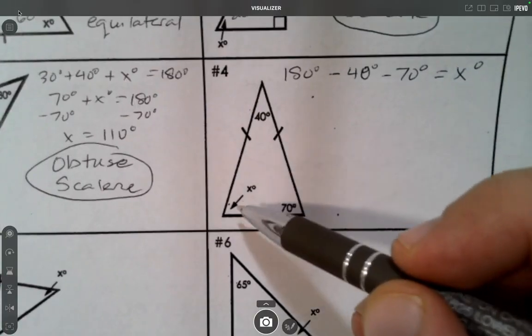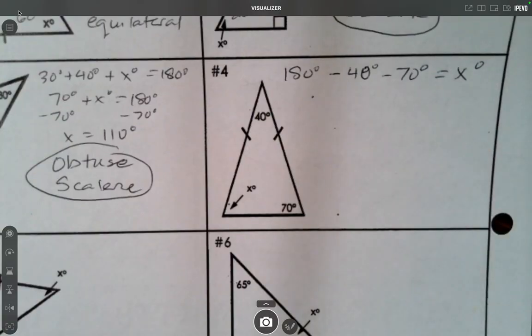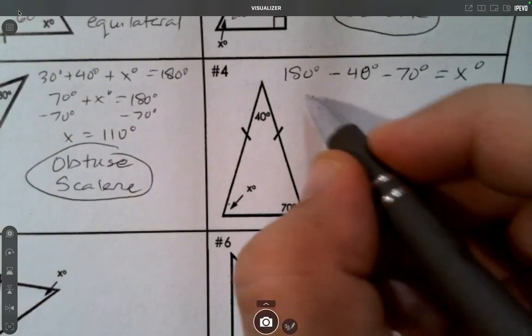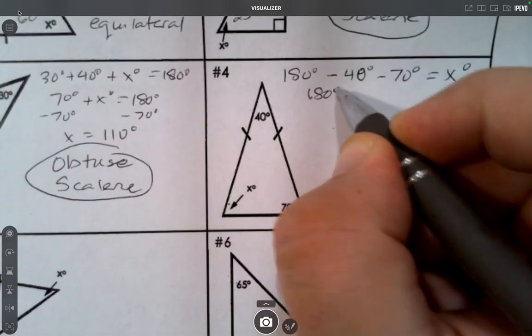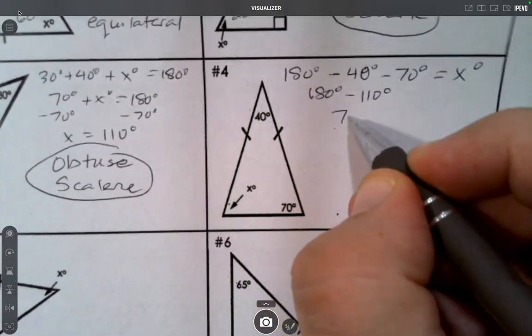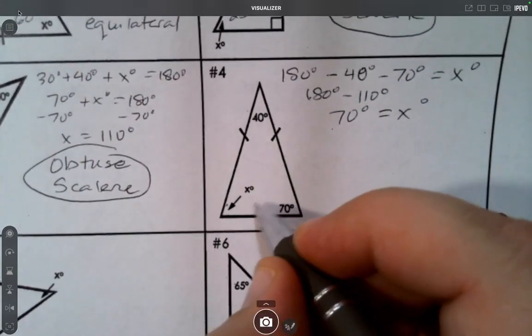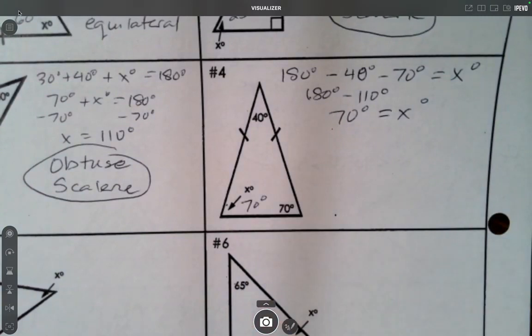So if I'm just looking for a third angle, I just subtract the two I know from 180, and that'll give me the side. So minus 40 minus 70, that's 110. 180 minus 110 is 70 degrees. So x is 70 degrees.